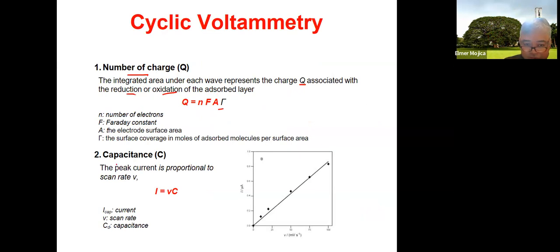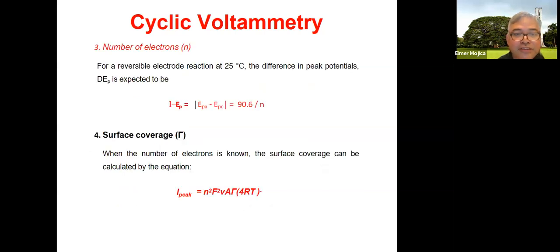Now you can also determine the capacitance, as the peak current is proportional to the scan rate. Okay, so this one is just the capacitance. Oh no, this is the current, and then it's equal to the scan rate times the capacitance. Now, in addition to this, you can determine the number of electrons that is involved in the reversible reaction from the difference in the peak potentials.